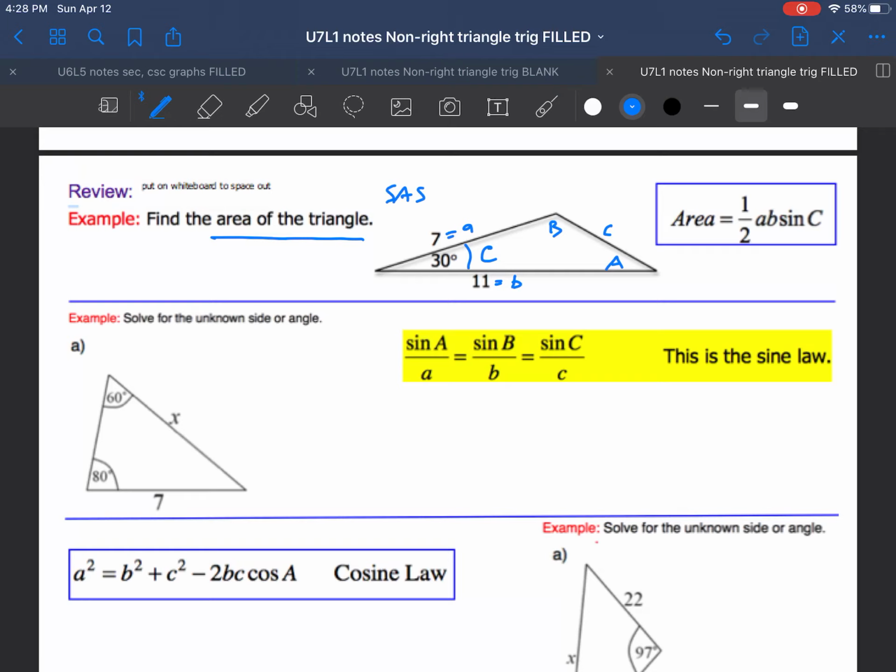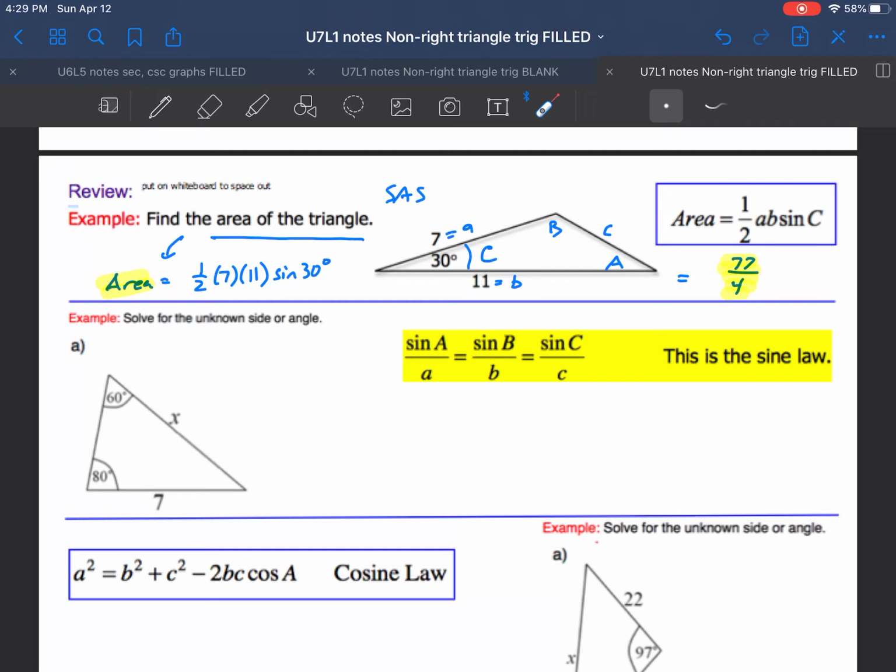So I could just say here that the area is equal to 1/2, well, the product of the sides, so that's 7 times 11 times the sine of 30 degrees, and hopefully remember that's also 1/2. So this really ends up equaling 77/4. I'm just going to leave that as the answer. That's the area there. 7 times 11 times 1/2 times the sine of 30, which is also 1/2. Done.